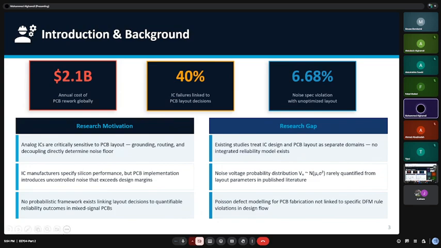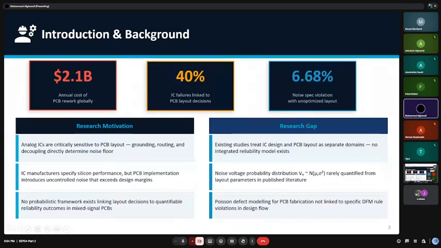So the motivation is that ICs are very critical and sensitive to PCB layout, such as grounding, routing, and decoupling, which directly determine the noise floor. IC manufacturers specify silicon performance, but PCB implementation introduces uncontrolled noise that exceeds design margins. No probabilistic framework exists linking layout decisions to quantifiable reliability outcomes in mixed-signal PCBs.